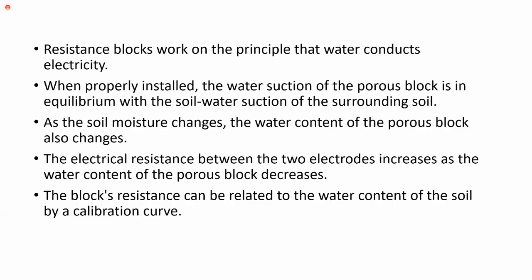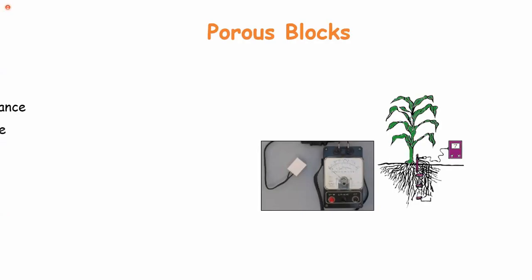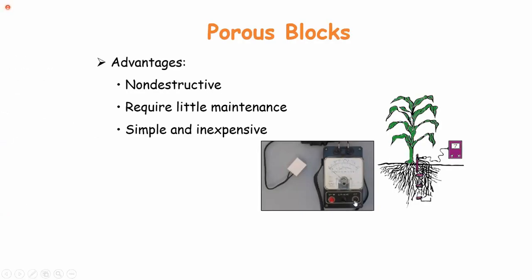You then draw a calibration curve, moisture content versus reading. Then, at any time, with just the reading, you can get the moisture content from the graph. This is how you install the porous block. You can have multiple blocks at different depths and measure the reading at each depth.